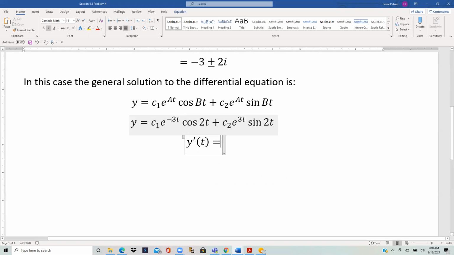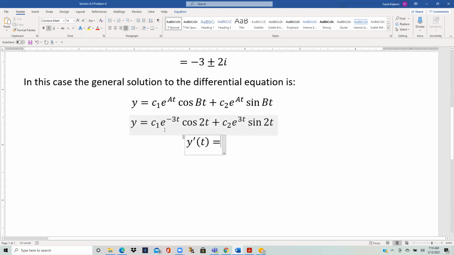C1 is a constant. You can think that the C1 is going along with the e to the -3t. It doesn't matter whether you include it with this one or that one, or just put it outside.